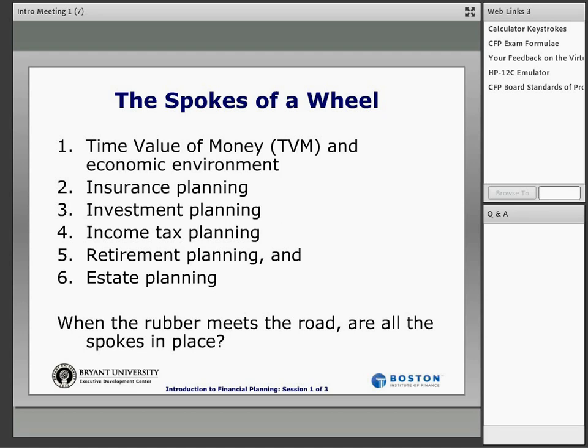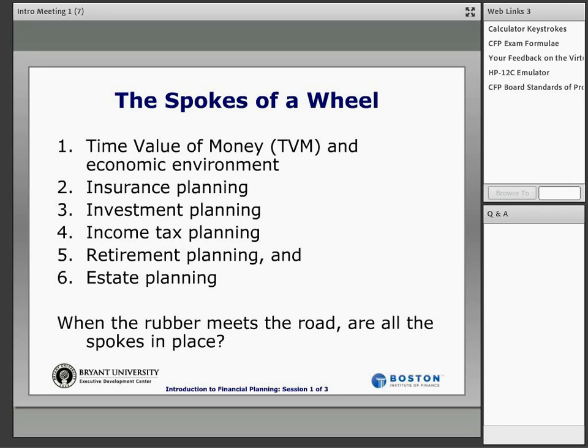I think most people that come into this come into it with the expectation that this is based around the investments. And you're going to find, I think, as you go through it, that it really isn't. You want to make sure that the investment plan comes back to whatever risk is required to be taken in order to accomplish the goals and objectives of the clients.